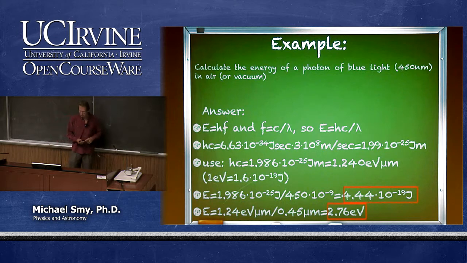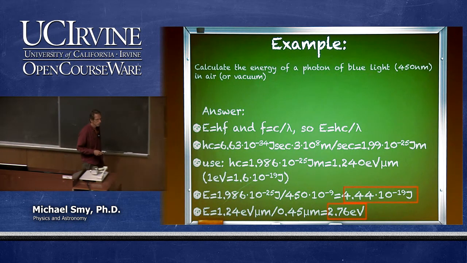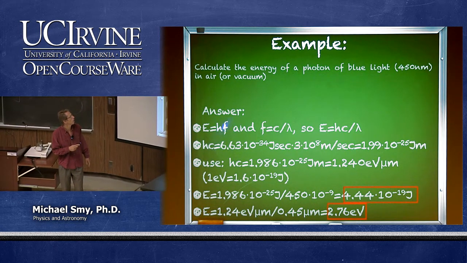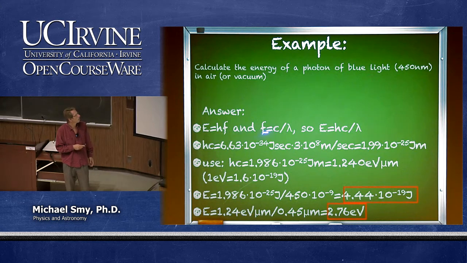Let's look at an example, and let's calculate the energy of a blue photon, meaning a photon that corresponds to blue light, or about a wavelength of 450 nanometers in air or in vacuum. Since we know that the energy of the photon is given by the Planck quantum times the frequency, we first need to find the frequency.